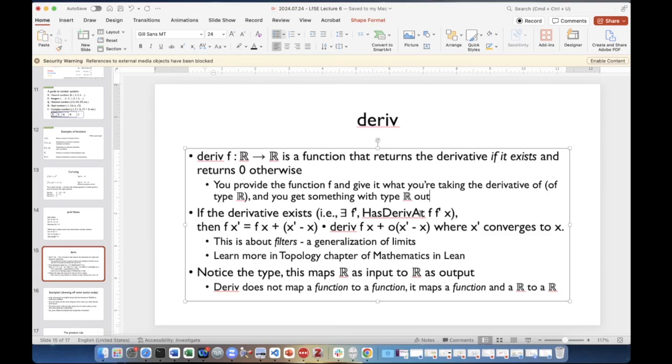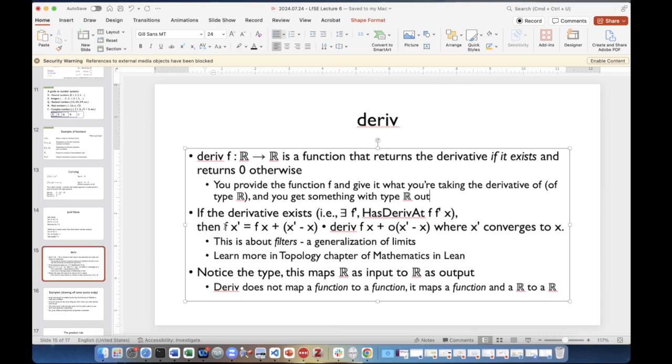What is HasDerivAt? It is a function that simply answers the question, is there a derivative? It takes in the function f, which you provided, and is looking for the existence of some f prime given the x, which is the second argument.